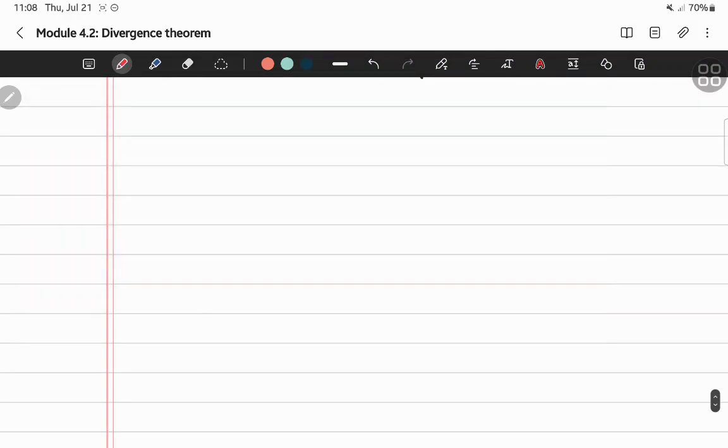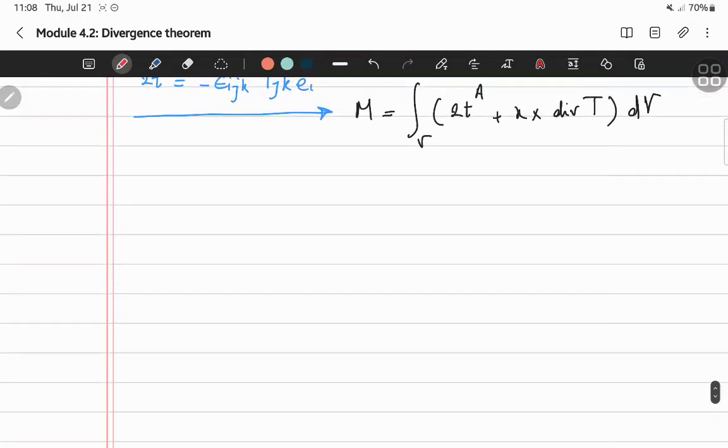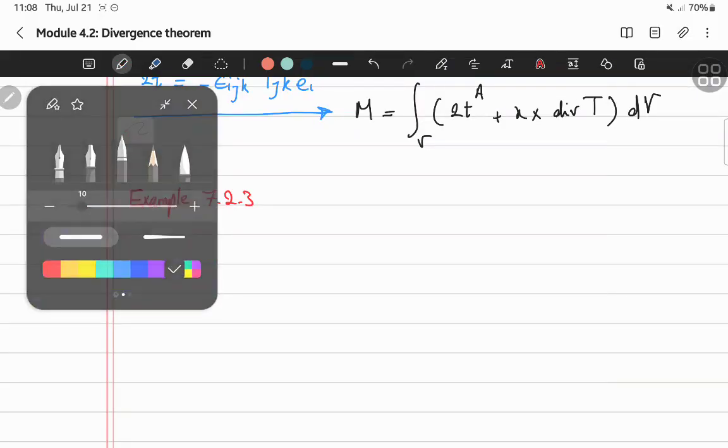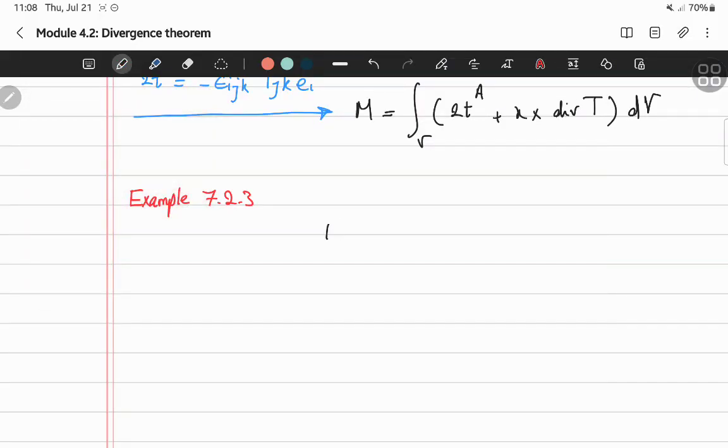So the next one is example, let's say 7.2.3. And in this example, we're going to find an equation for the power. So we know that the power is the rate of work. So instead of T dot x, we have T dot v, because we already took the material derivative of x.